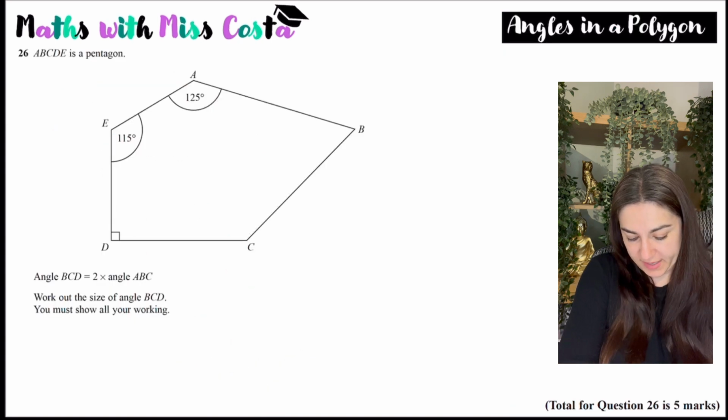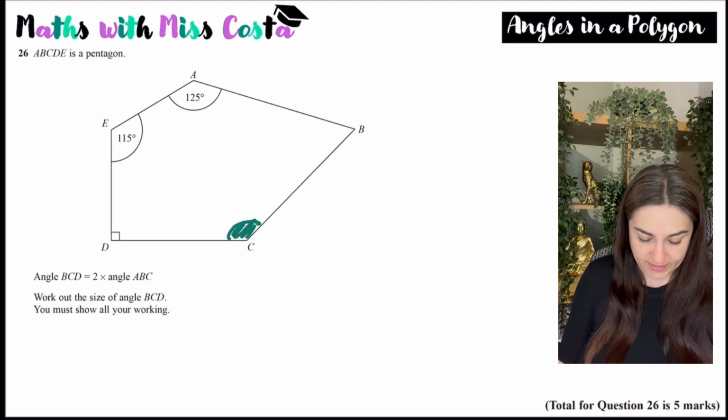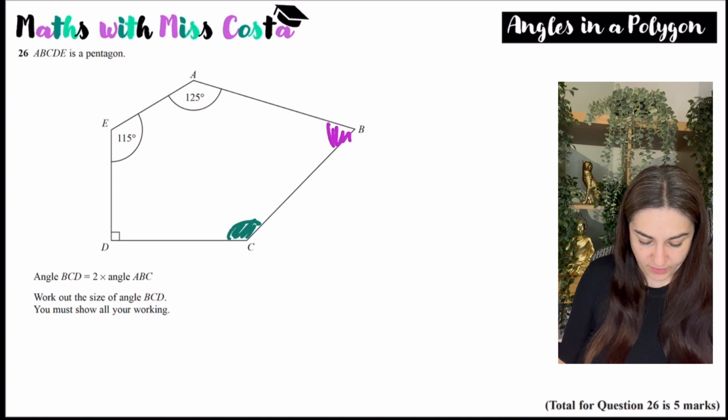Okay, next we've got a pentagon. I'm told that angle BCD, so this angle here, is 2 times angle ABC. ABC is this angle here. Work out the size of angle BCD.